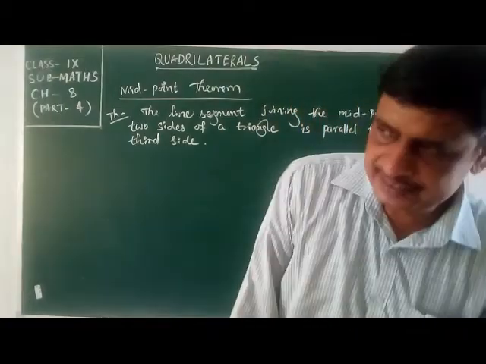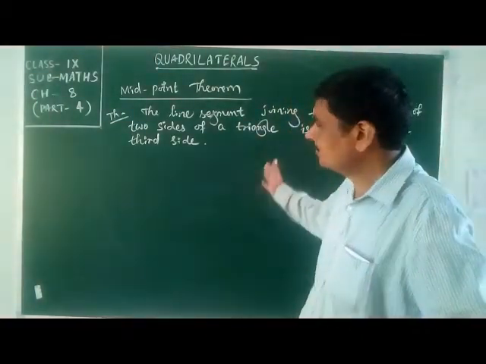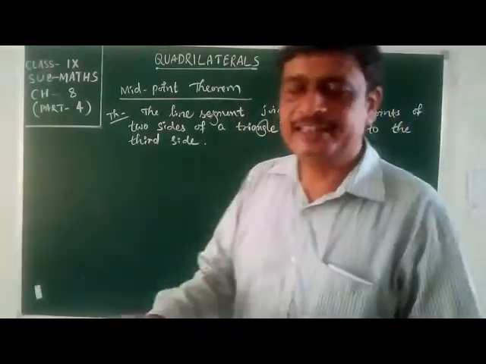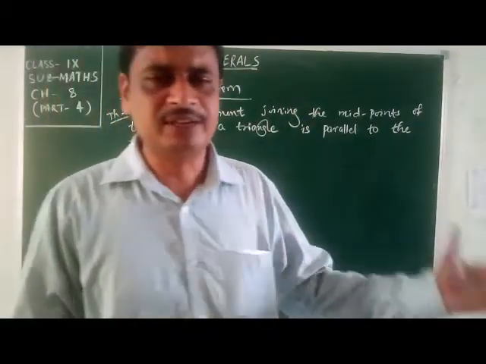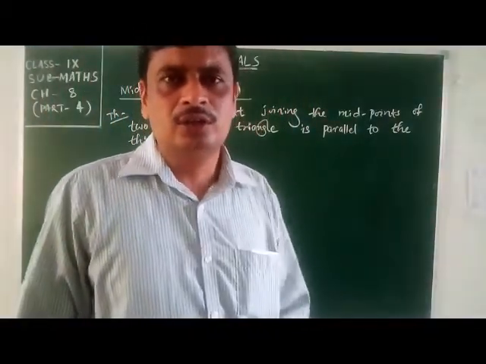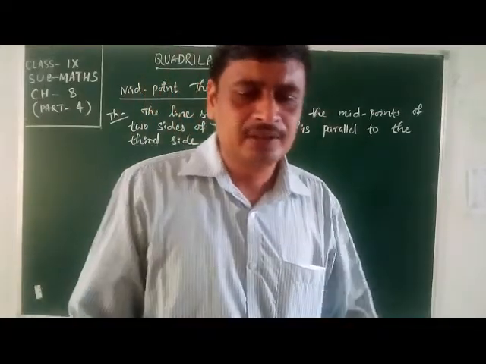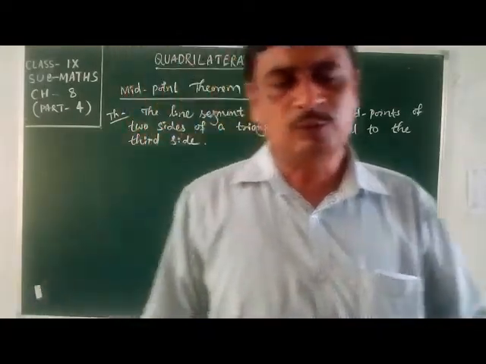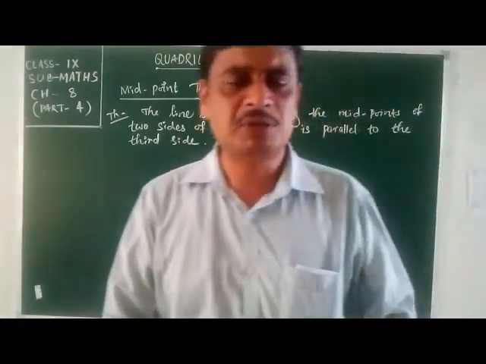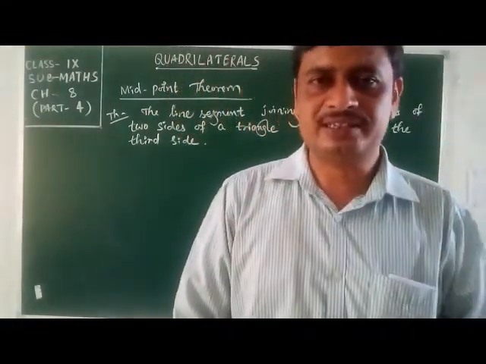Here it is given one triangle, and a line segment joins the midpoints of any two sides. And we have to prove that the line segment becomes parallel to the third side.